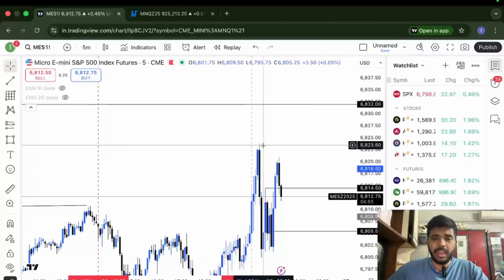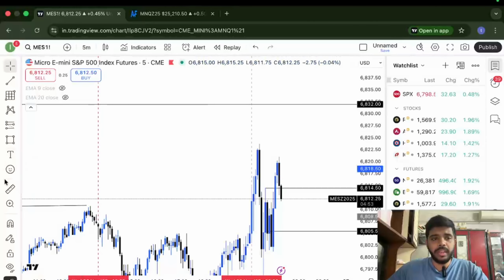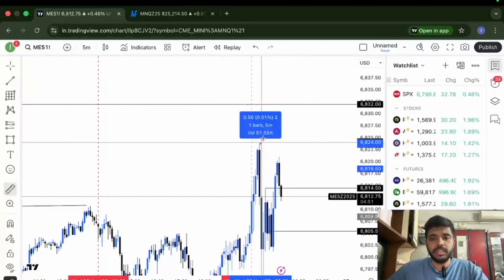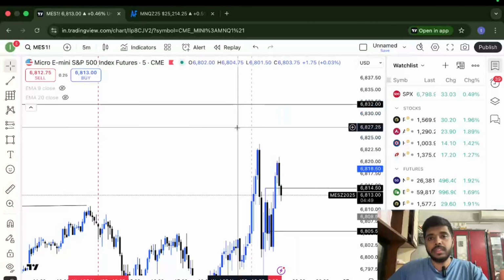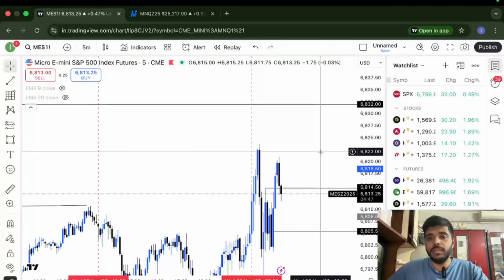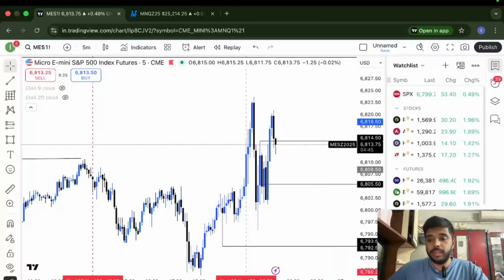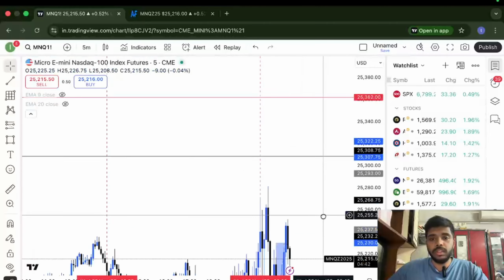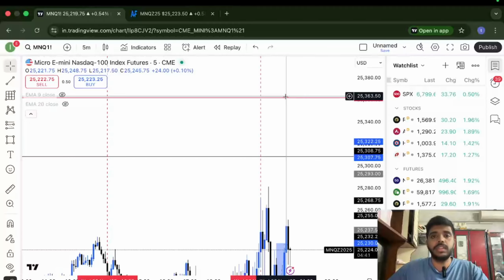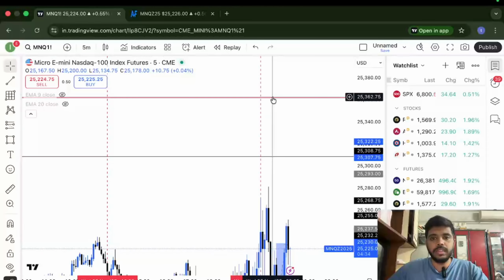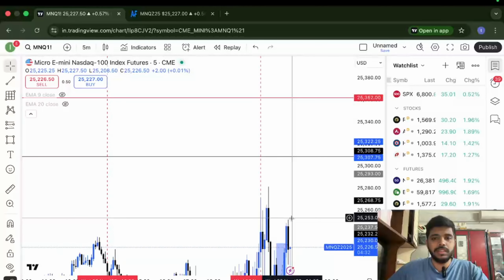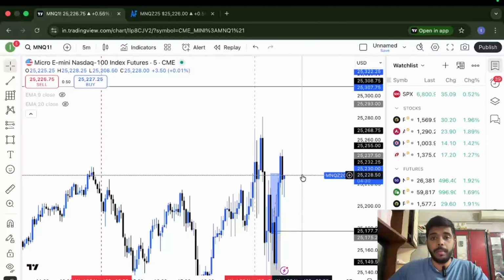This was just the high actually, and we were pretty close to come up and sweep these 30-minute highs. The bearish SMT is still valid. If Nasdaq comes up and takes out these highs, then the SMT is disrespected and we cannot call it a valid SMT. But Nasdaq is so far from these highs that my bias was bearish today.